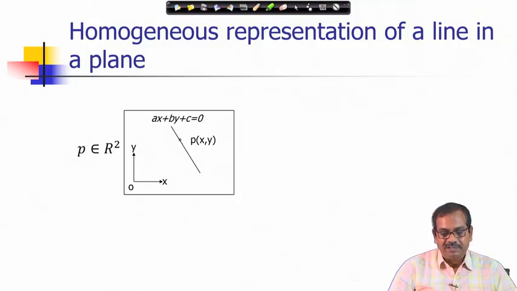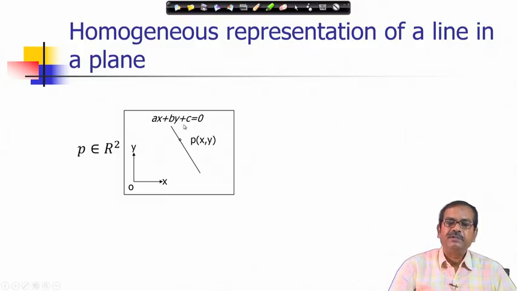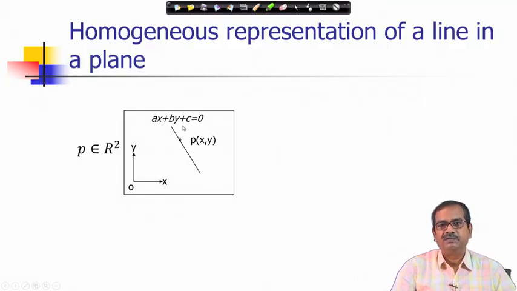Now, this representation itself, I can consider that the parameters A, B, C are representing this straight line, and we know that actually instead of 3 parameters, 2 parameters are sufficient, because the proportional ratios of A, B, C are what uniquely identify a particular straight line.